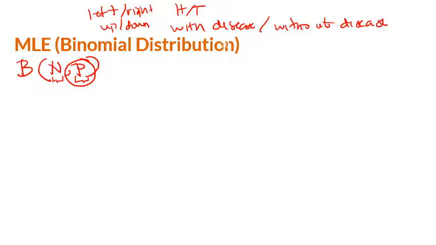So kung naalala nyo pa class, yung expectation value ng small n is given by np, and yung variance ng n is equal to npq.